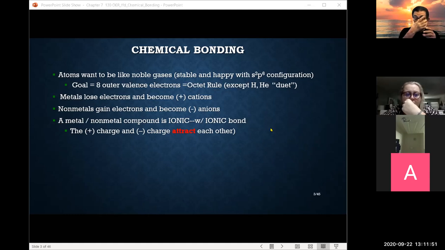Now, always remember this: I want to put a sufficient number of positives with a sufficient number of negative ions together to give me a zero charge, to cancel out. So if I have an ion with a +1 charge and an ion with a -1, they come together in a 1-to-1 ratio, and you have sodium chloride, for example, okay?